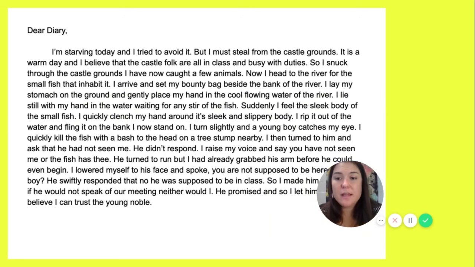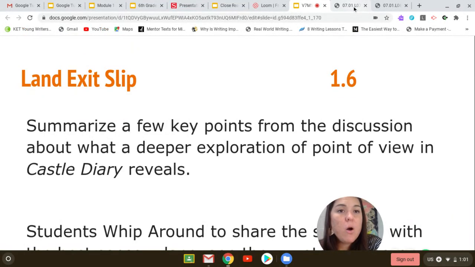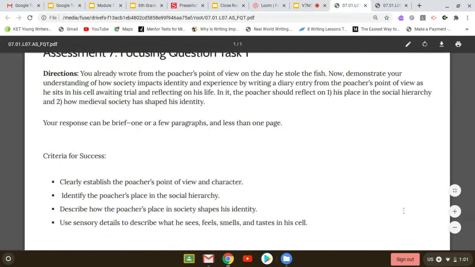All right, here's another example. You can pause. Now, hopefully this gives you just kind of a start on what the focusing question task is.